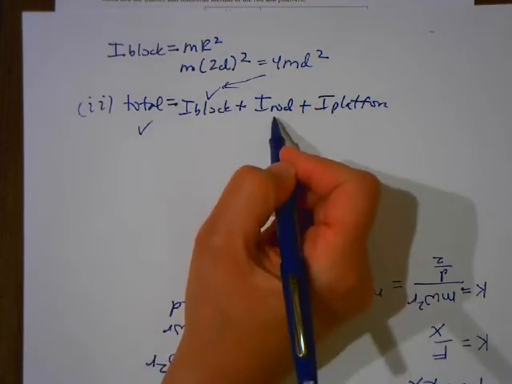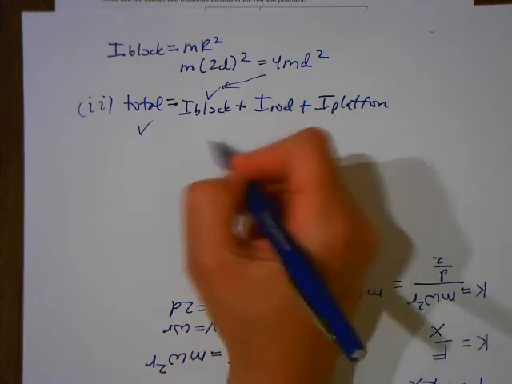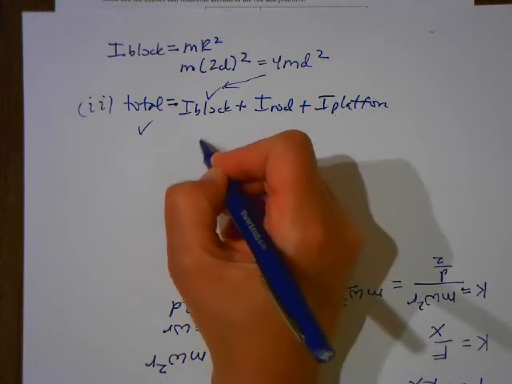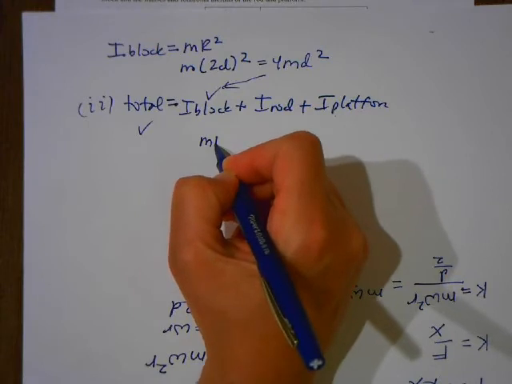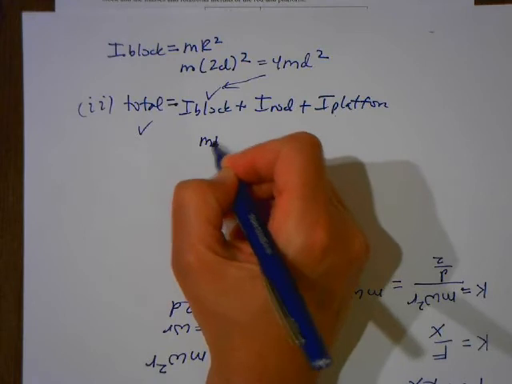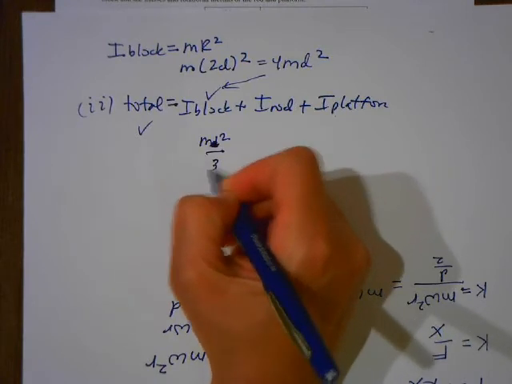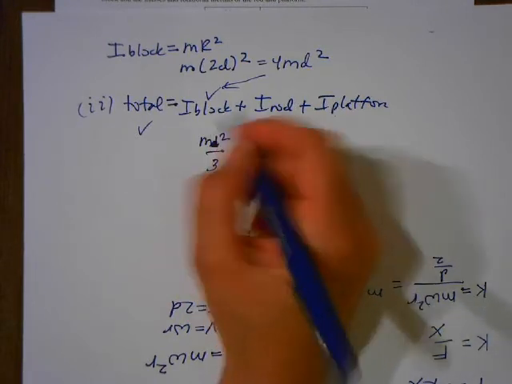So now I have to do the rod. So the rod is going to be m d squared over 3, and that's the mass of the rod. I should have done, here, let me write this over.